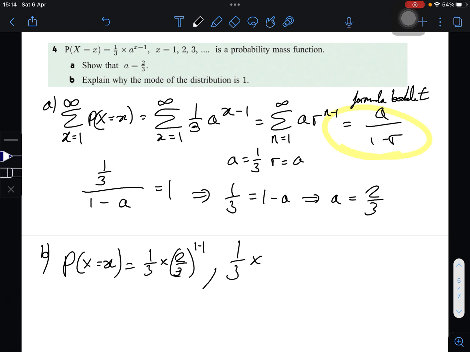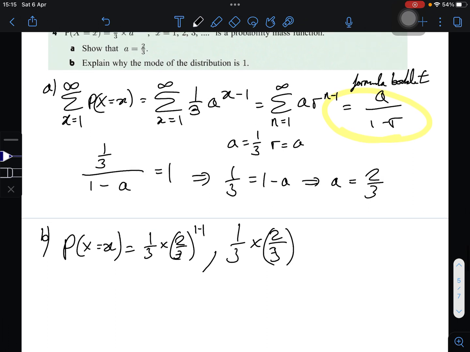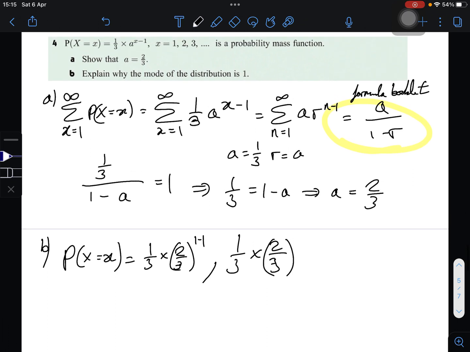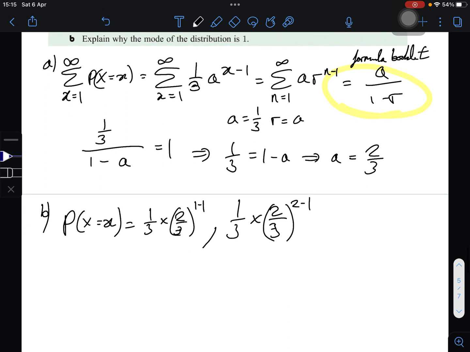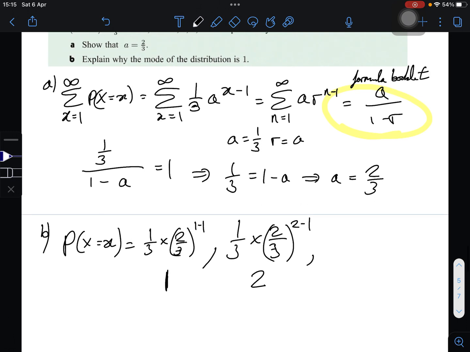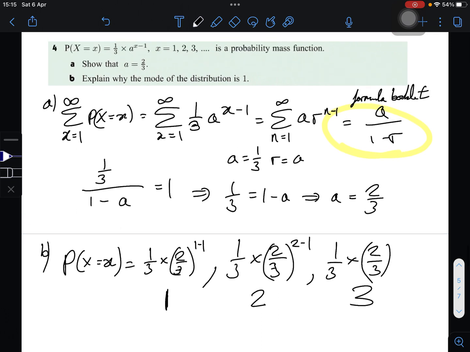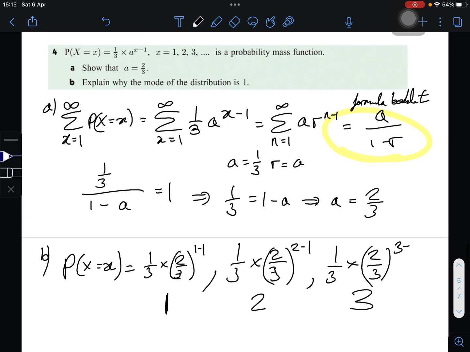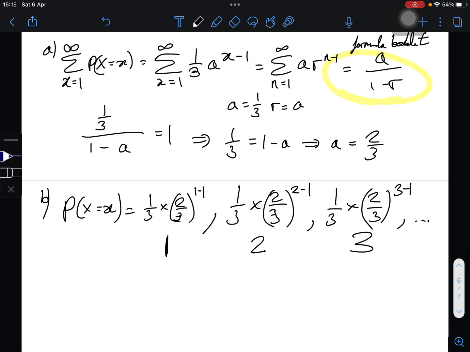Your second term would be 1 over 3 times 2 over 3 to the power of 2 minus 1. And this here is all for 1, 2 as our x values. For 3, the probability would be 1 over 3 times 2 over 3 to the 3 minus 1, so on and so forth.